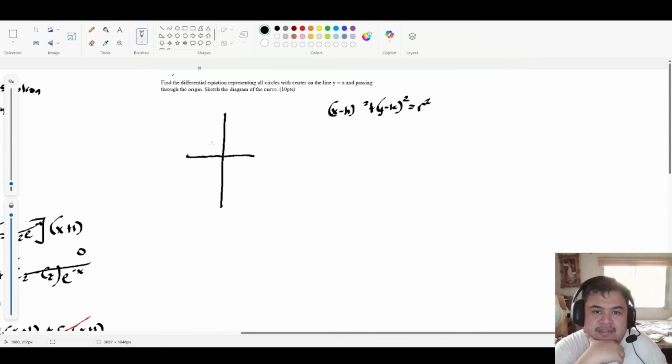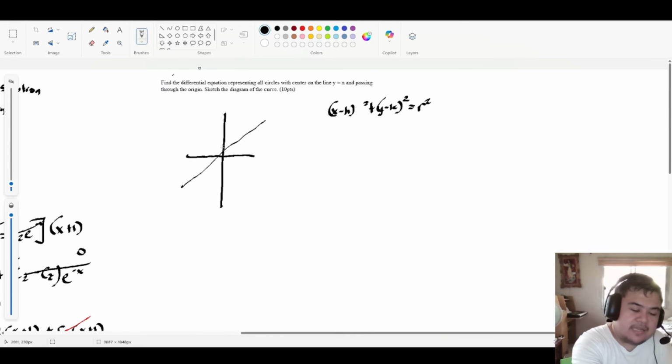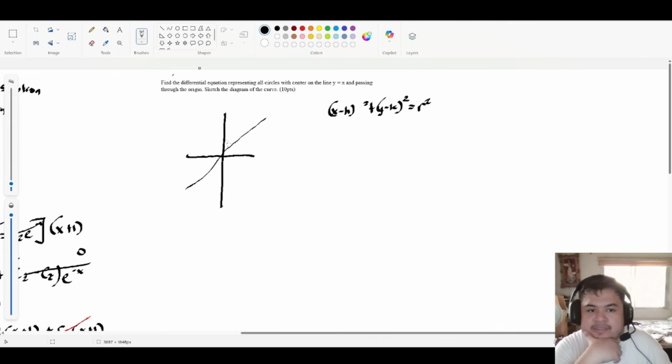All circles with center on the line y equals x. When you say y equals x, the y and x are equal. When x is 1, the y is also 1. When x is 2, the y is also 2. That's the center of the circle.